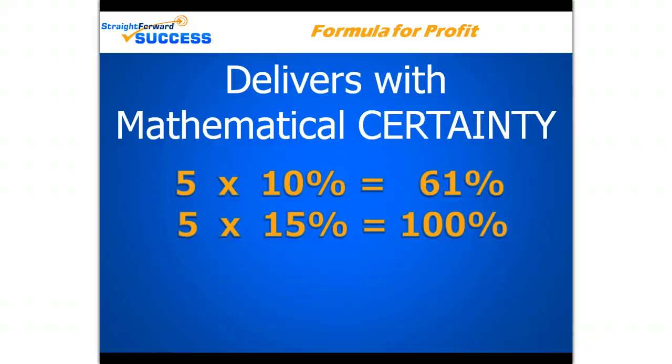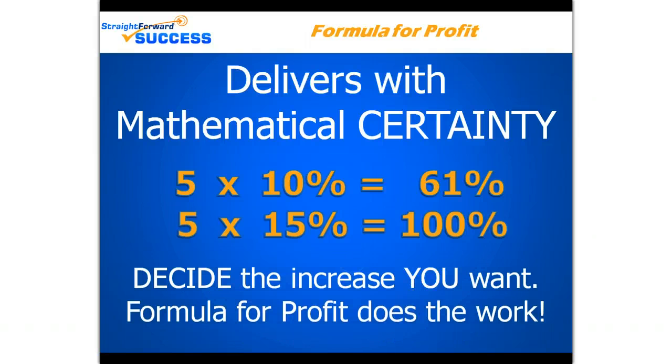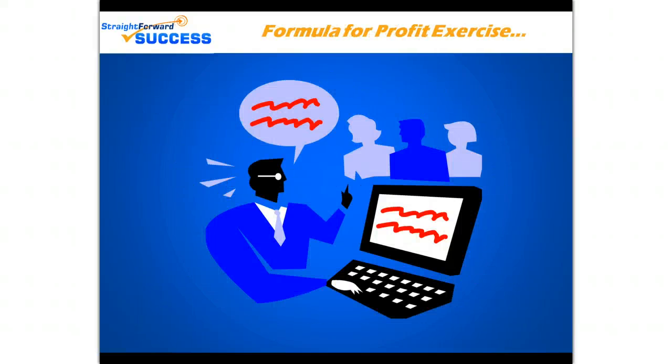Now, just supposing you believe that you don't have any control over the average sale, and you have that down as nil increase. Can you see that you're still going to get a huge increase in your bottom line by focusing on the areas that you can actively target? The point is, you can decide the increase that you want, and the formula for profit does the rest.